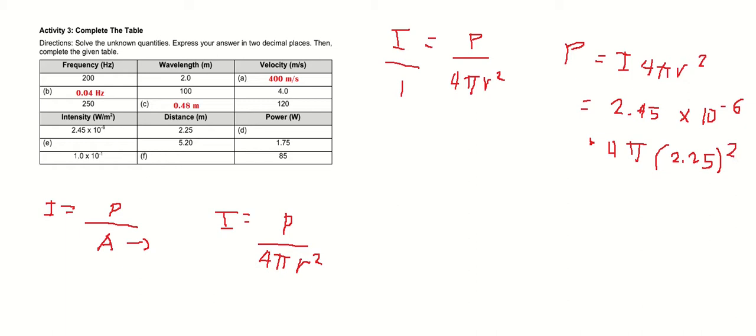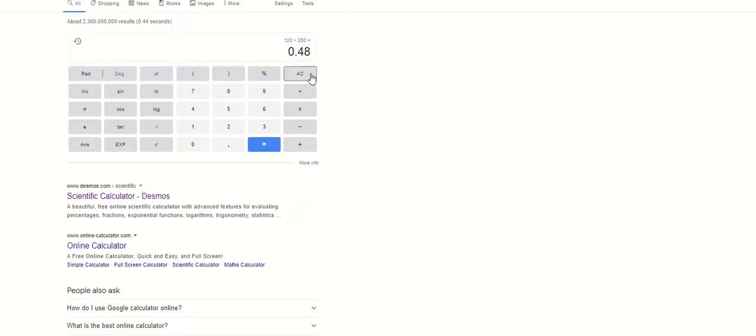So, ngayon, diretso tayo sa calculator. 2.45 times 10 raised sa negative 6. Ayan. Tapos, ita-times mo siya dun sa 4 pi times dun sa 2.25 squared. Ayan.